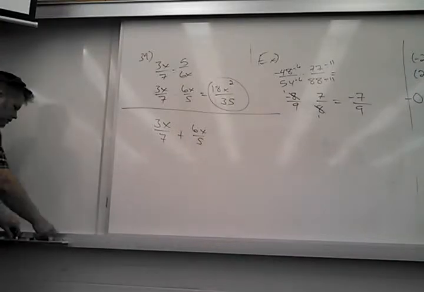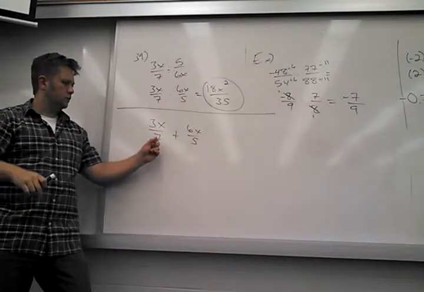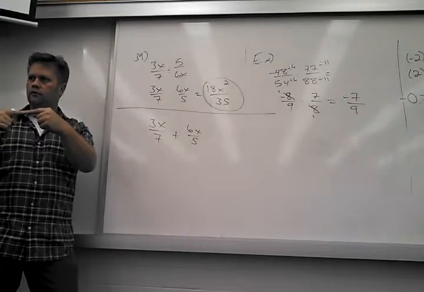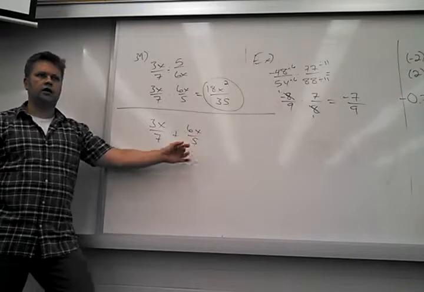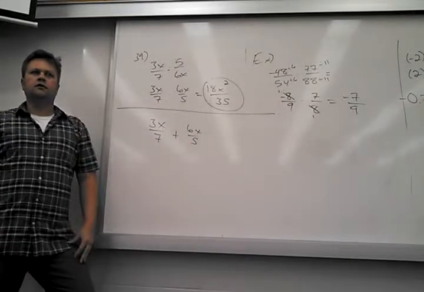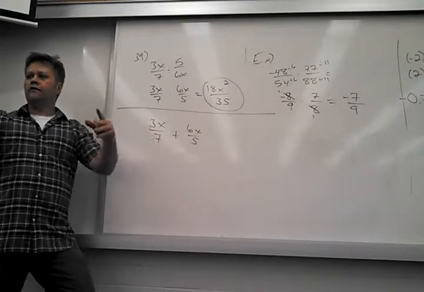Now, this is the only time the LCD is this bottom times that bottom: if the bottoms don't share anything. 7 and 5, do they share any factors? No, they're each prime. How can they share anything? So that means the LCD is just going to be 7 times 5, 35.